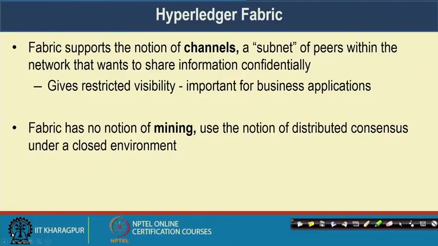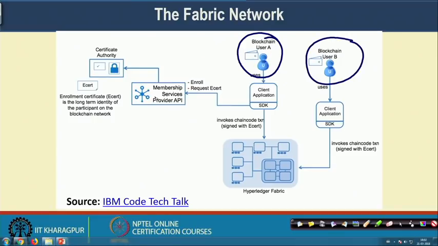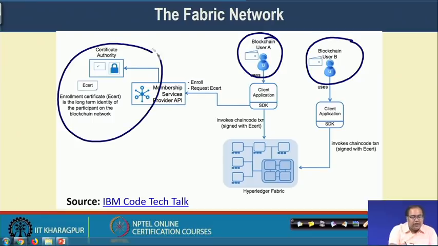Now, from the consensus perspective, because it is a closed or permission environment, Fabric does not have any notion of mining; rather it uses a standard distributed consensus algorithm under a closed environment. This is typically a Fabric network architecture. In a Fabric network, you have blockchain users. The blockchain users first take a membership from a certification authority, which makes the environment closed.